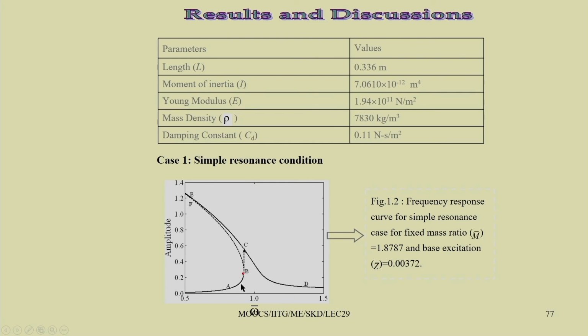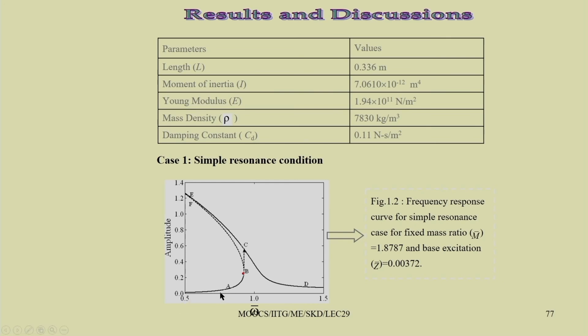It will follow this A, B, C, and with further increase it will go to D. So, there will be a jump here, but if you reduce the frequency, it will go from D. It will follow this path D, C, E, and it will jump from this point. As this is a saddle node bifurcation point, from here it will jump down to this lower branch.